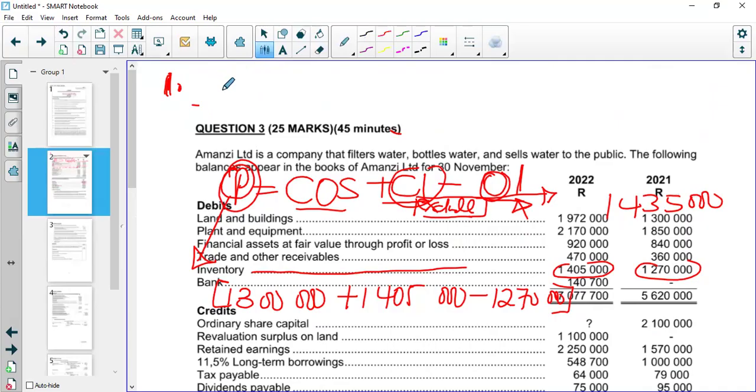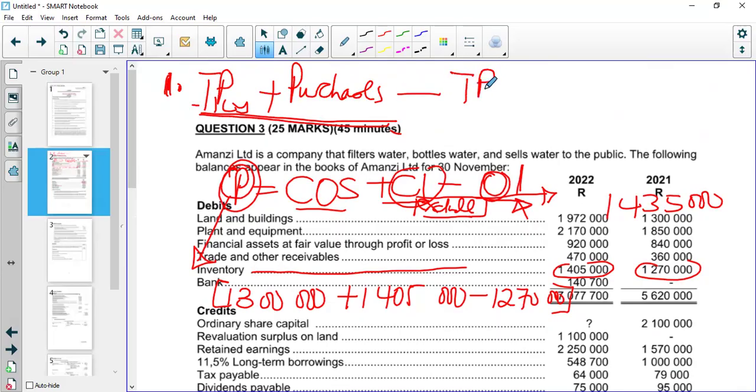I'm going to say what I needed to pay last year, that's the trade payables last year, plus what I purchased during this year, the purchases. These two combined should be what I must pay for purchases. Then I can see that there are some trade payables which I didn't pay during the current year, which means the difference is what was actually paid. That is cash paid for purchases. That is very important.